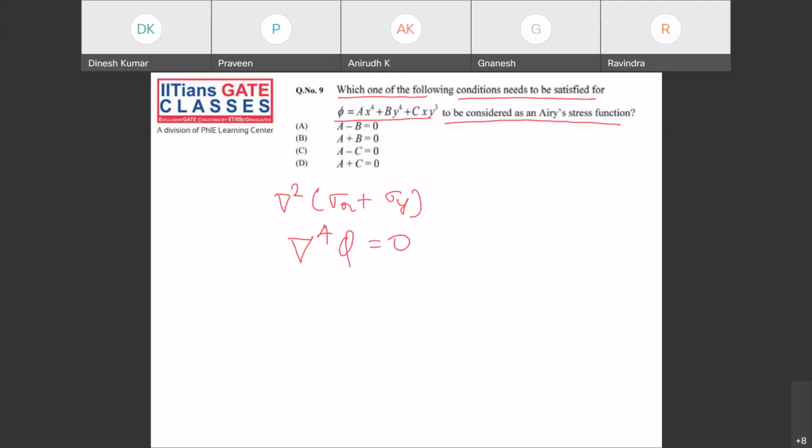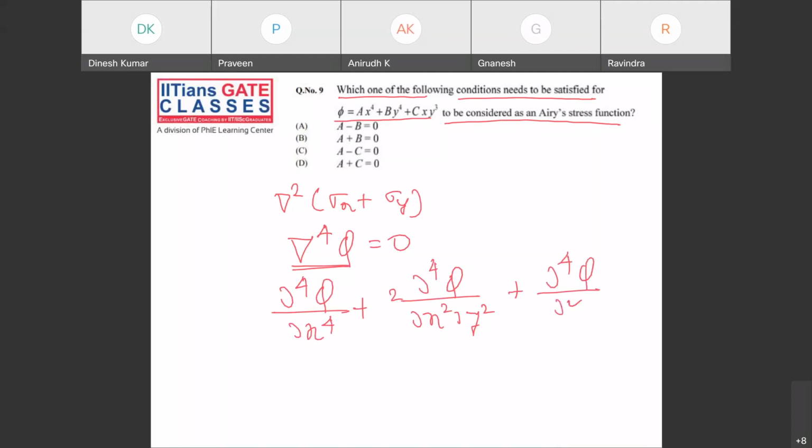If you write this equation in expanded form, it is dou power 4 phi upon dou x power 4 plus 2 dou power 4 phi upon dou x square dou y square plus dou power 4 phi upon dou y power 4 equal to 0. Now substitute this phi and differentiate.